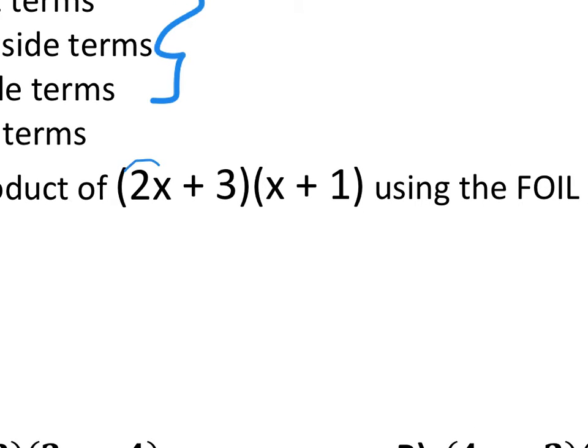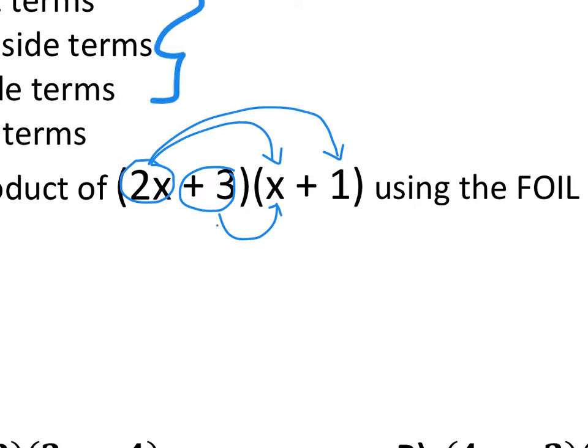All we're going to be doing is taking the first term and multiplying it by the first and last term inside the second bracket. Then we take the second term and multiply it by the first and last term inside the bracket. I like to use these arrows. I find that they help me stay organized a little bit better than just using that acronym first, outside, inside, last. And maybe I'll write down for myself right now that I'm multiplying.